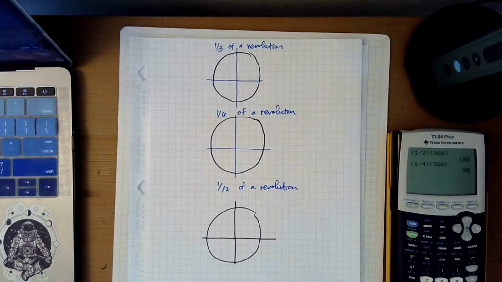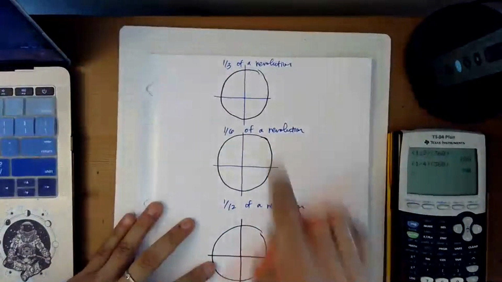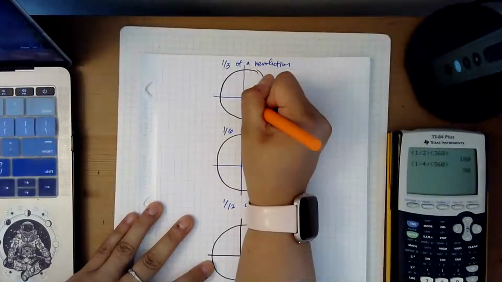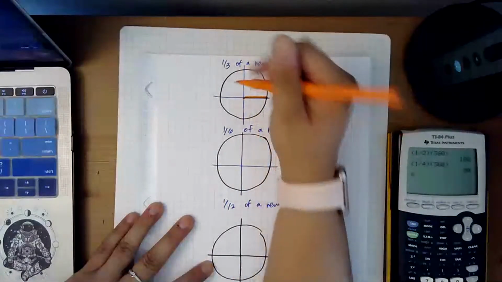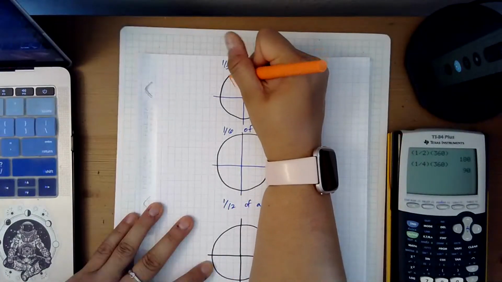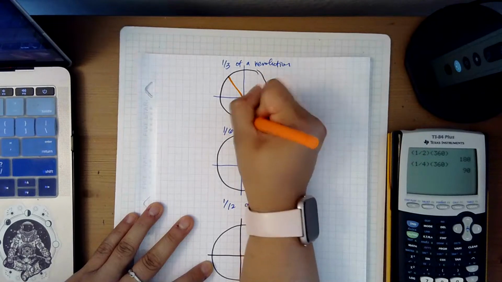So let's see what 1/3 looks like. That means I'm going to cut my pizza into 3 equal slices. Don't pay attention to the blue. The blue is just my axis. So here's my initial ray. I'm going to cut my pizza like a peace sign, because my peace sign is going to give me 3 equal parts.